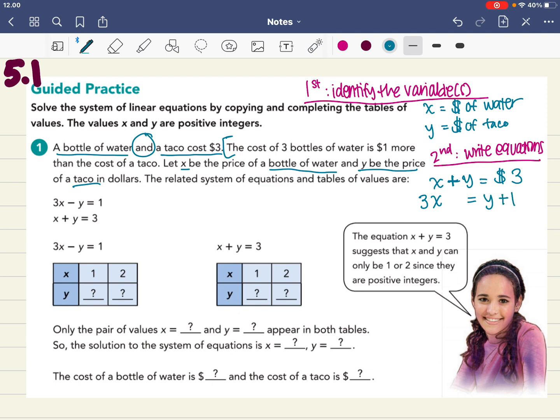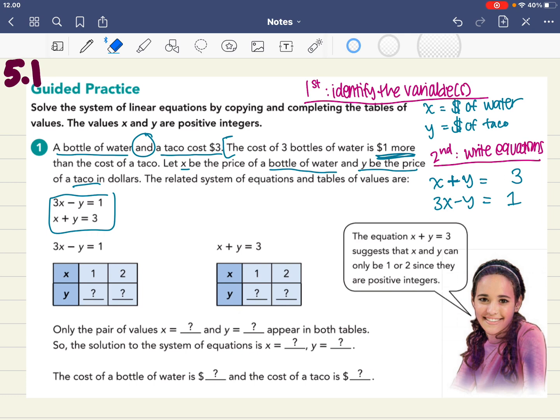So we know that 3x is equal to y, the cost of taco, plus $1, right? The $1 more. Alright, so we have both of these equations here. And here, they put it as 3x minus y. So we are just going to move the y to the other side. Subtract y on both sides. So it will be 3x minus y equals 1.